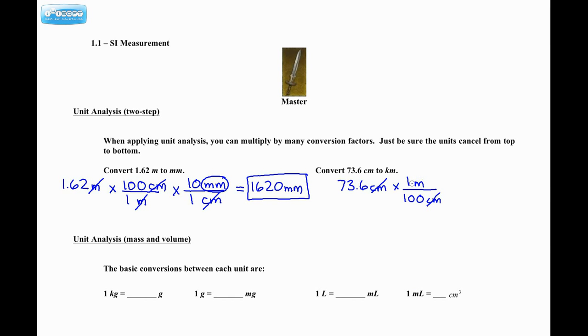But I now want to convert from meters to kilometers. Okay. So if that meter is to cancel out, that means the 1,000 meters has to go here. And therefore the 1 kilometer goes up here. So these cancel. And the units I'm left with are kilometers, which is what I want. Okay.